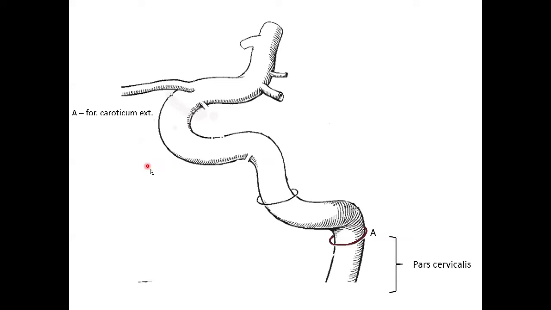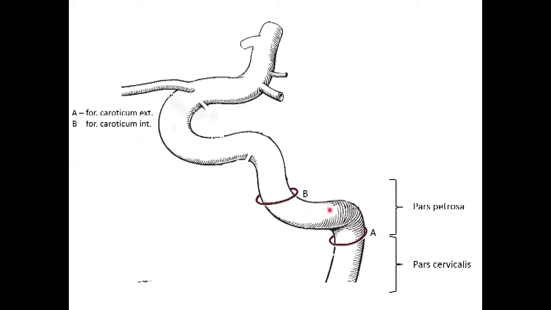And now let's return to our picture. Now we use the designation of letter B, foramen caroticum internum, and it's clear that this part is flexed.